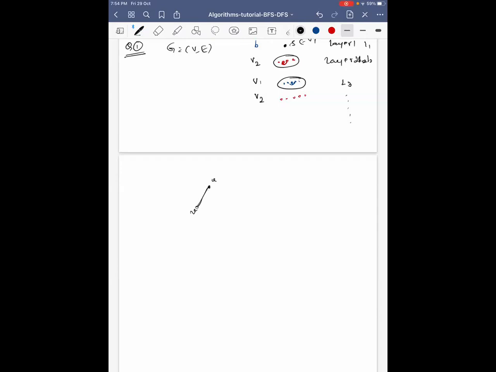The moment BFS discovers the vertex V by following this edge UV, you can store U as the parent of V in an auxiliary array. You create another array indexed by each vertex, and you essentially store the parents. Right?